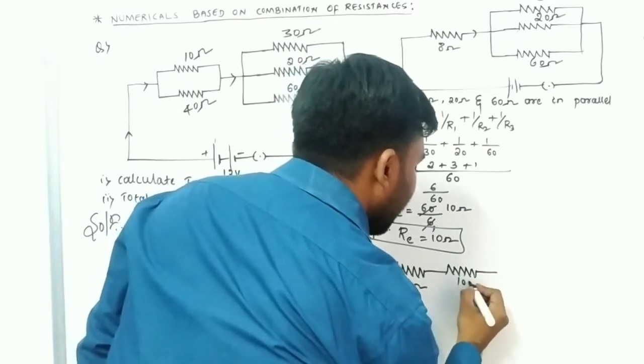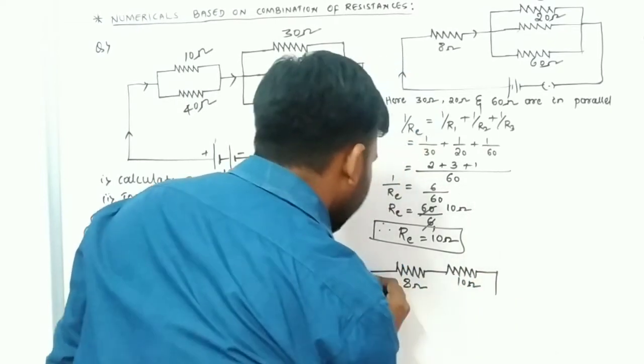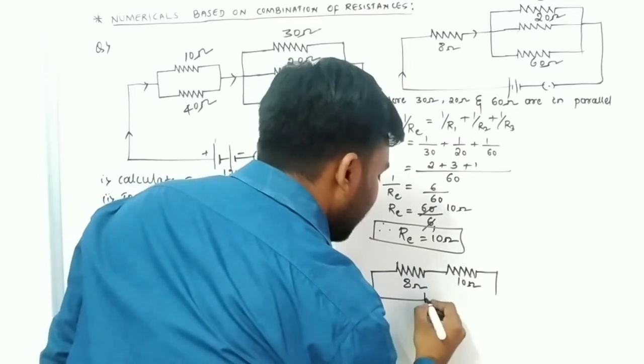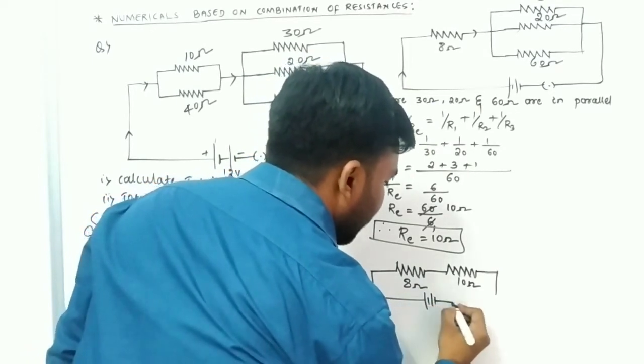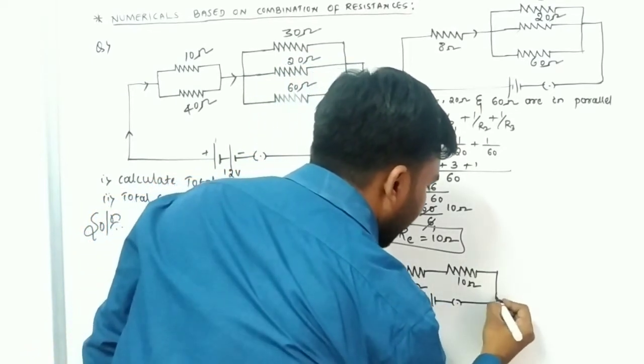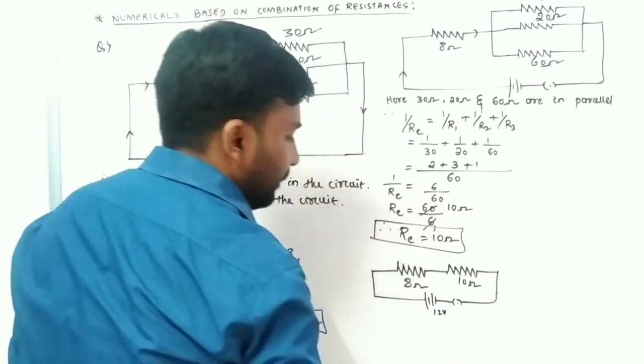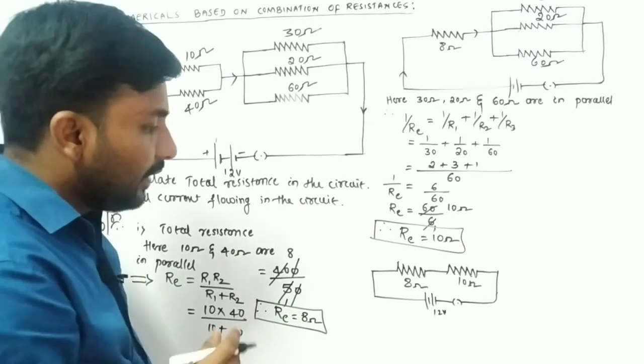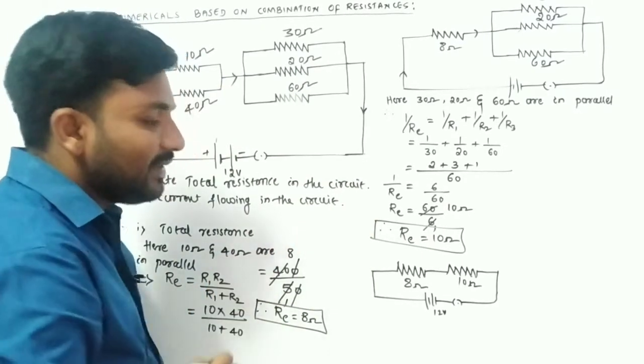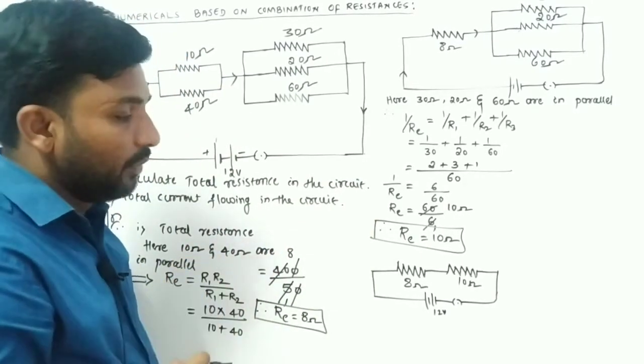So it is 10 ohm, and these two are connected to the battery with the plug key, and the potential difference is 12 volt. Now you see these two resistors are in series combination.